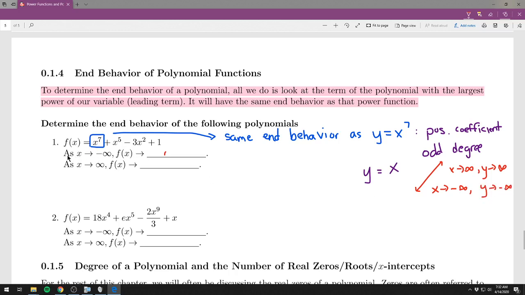And so as we go to the left, as x goes to negative infinity, f of x goes to negative infinity. As x goes to positive infinity, the y value goes to positive infinity. Once again, you can graph this, but you might not actually see the answer. You have to graph or use the power function.